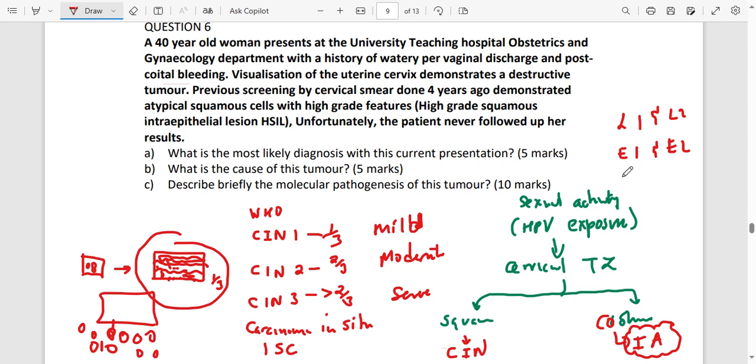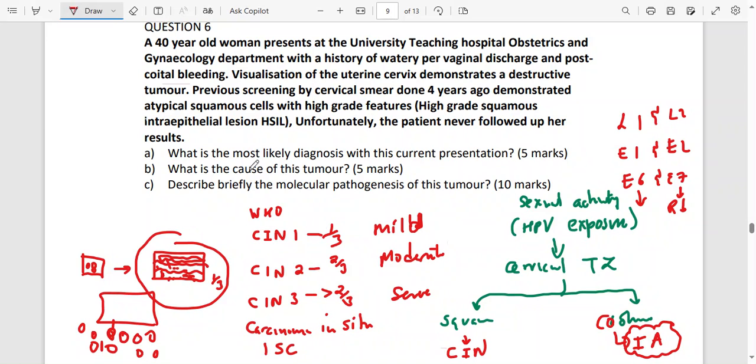And then it also has E6 and E7. These two are going to inhibit tumor suppressor genes. You have P53 being inhibited by E6 and then RB being inhibited by E7. These are tumor suppressors. They stop the division of cells when they're not supposed to divide. Now that they've been inhibited, the cells will start dividing anyhow, and that's cancer.